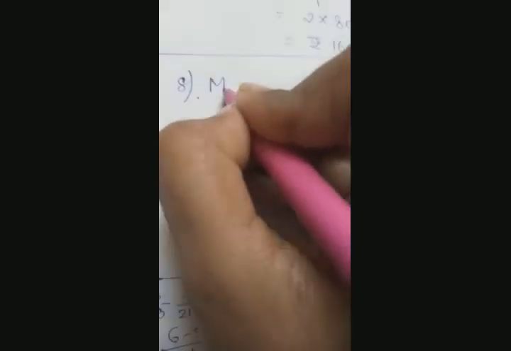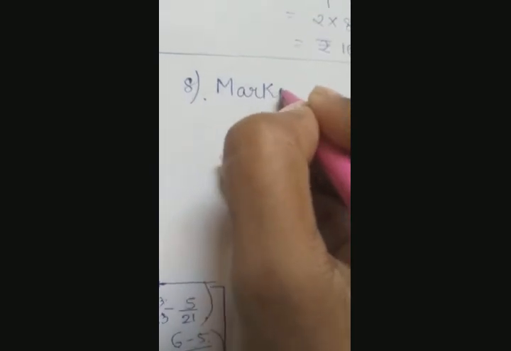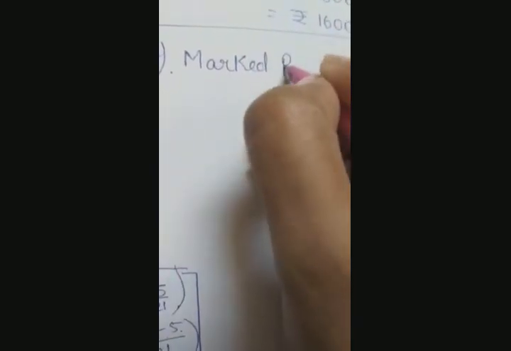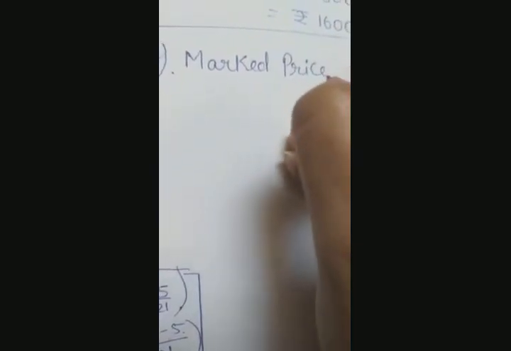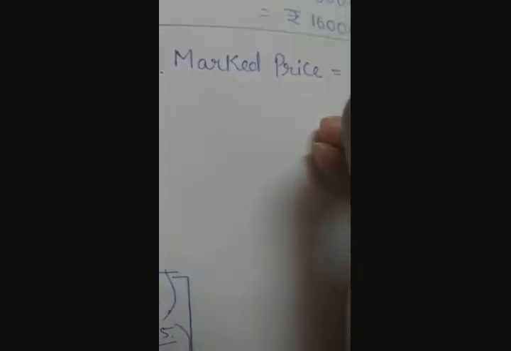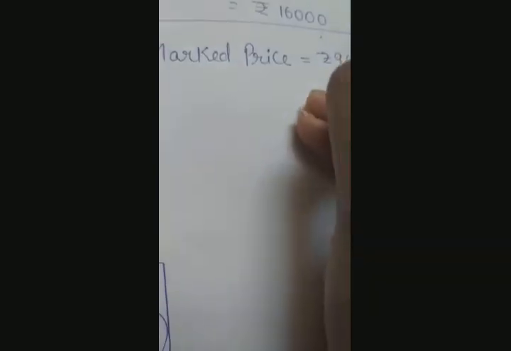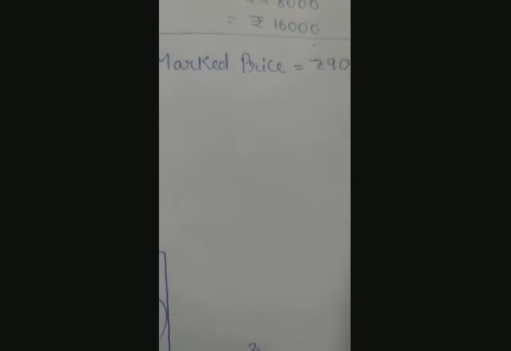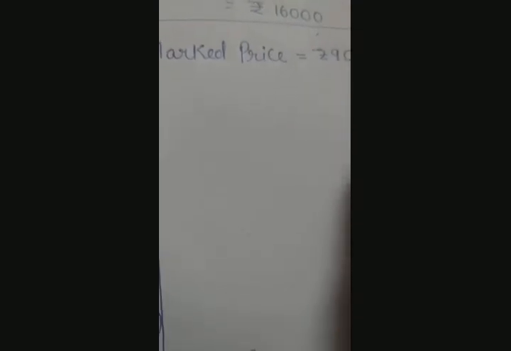So firstly we'll try to solve this and write all the points in the solution. A picture was marked at rupees 90. So we'll write marked price is equal to rupees 90.